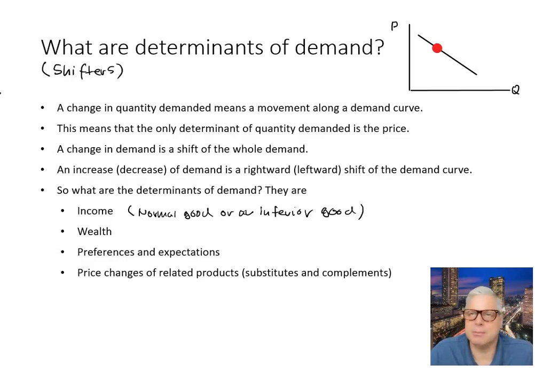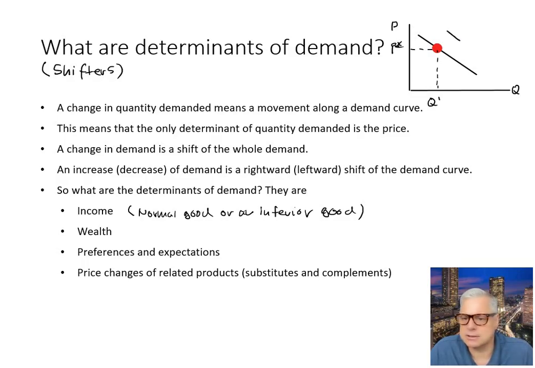The way to think about it: let's say the price for something is here, let's call that P star, and your current quantity demanded is, let's say, Q1. If you now get richer, then even if the price does not change, there is no change in quantity demanded, obviously, because the price doesn't change.